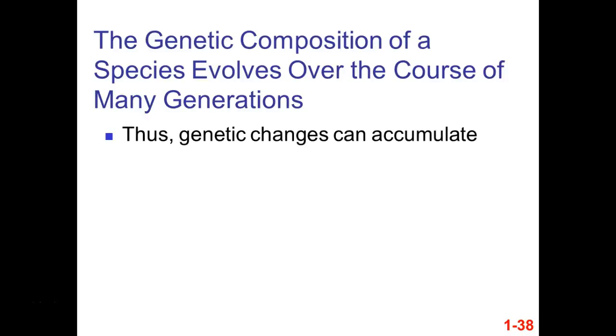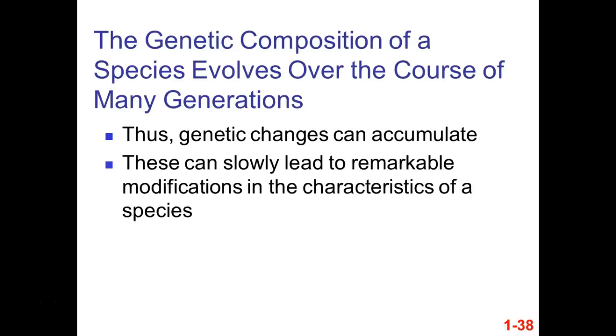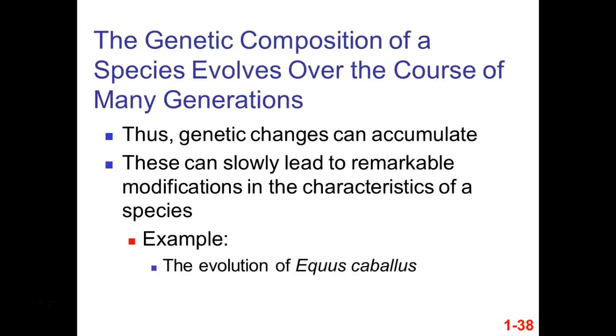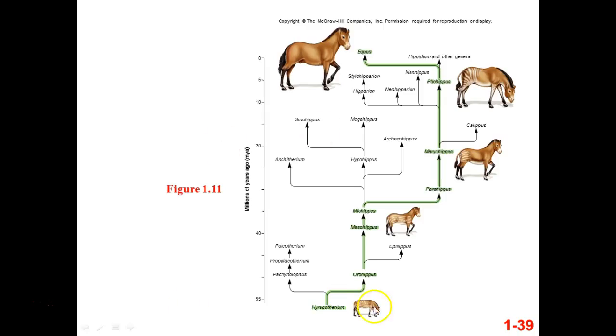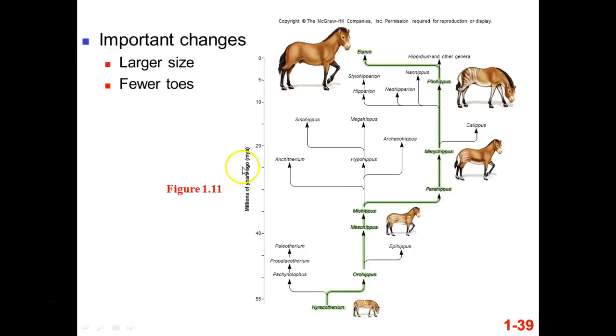So this change takes time, over several generations, when we don't screw with it. The example they give you here is the horse. Here he was down here. He's now much larger. He has fewer toes. They actually had more than just one hoof.